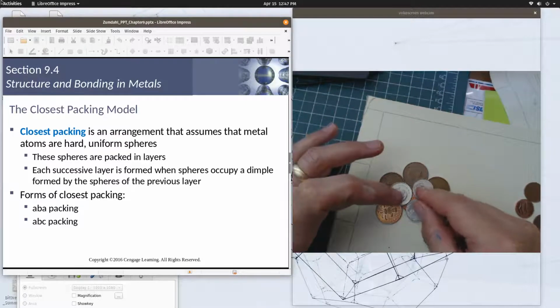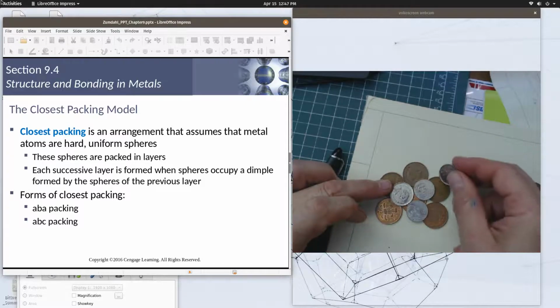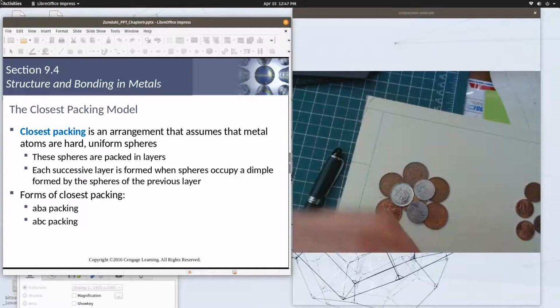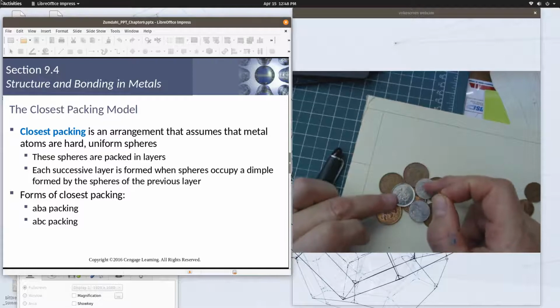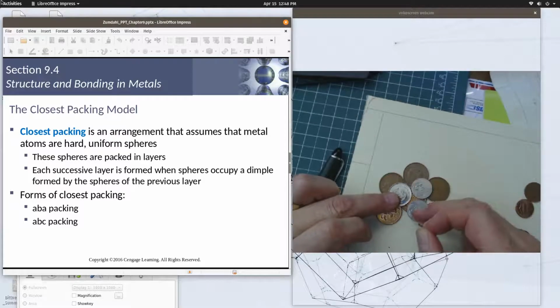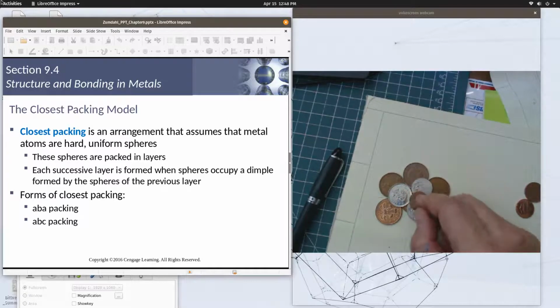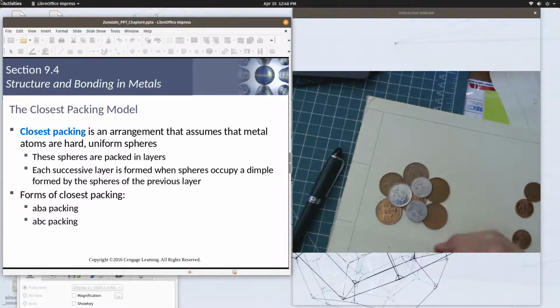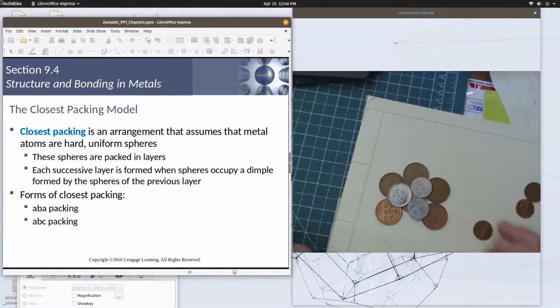And now I've got the choice of where I put the next layer of coins. I could put a coin layer either on top of that, or off to the side. If I put a coin layer on top of this, that's still close packing. Notice I put this layer right on top. Here's a little pocket that I can sit a sphere on.